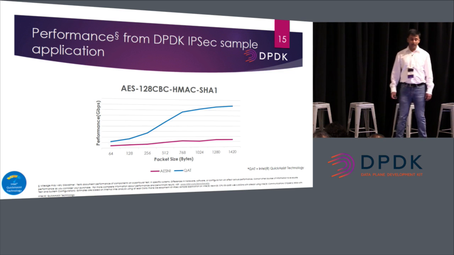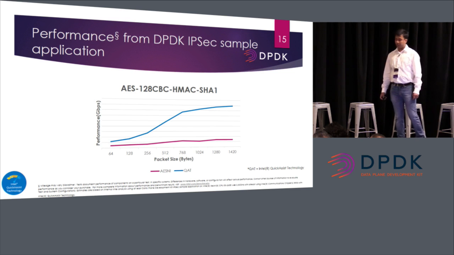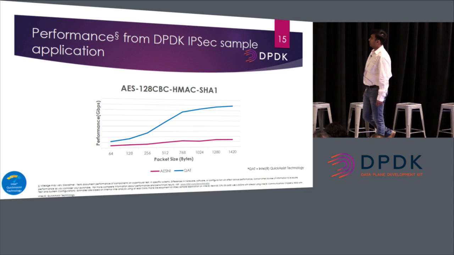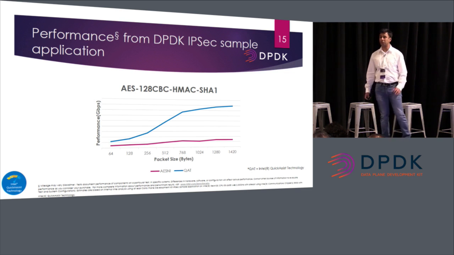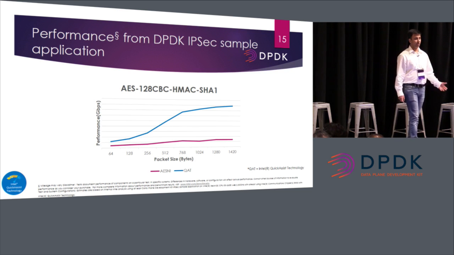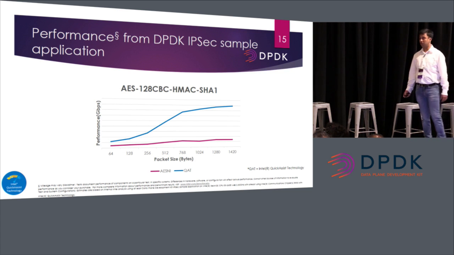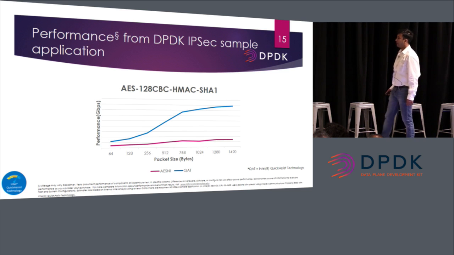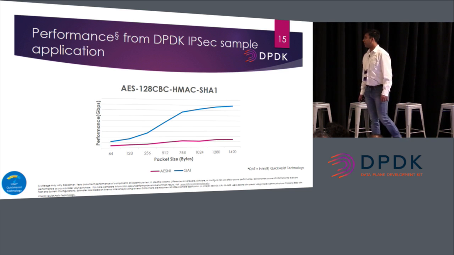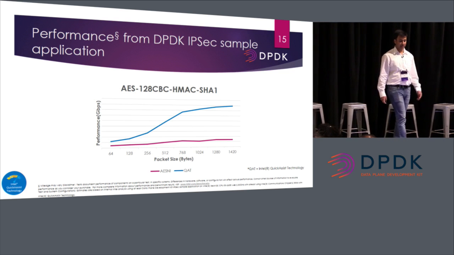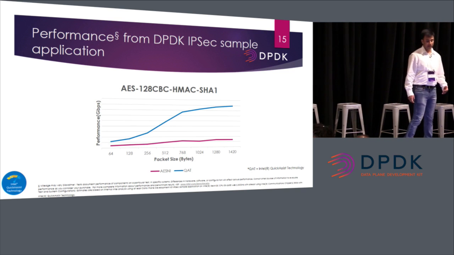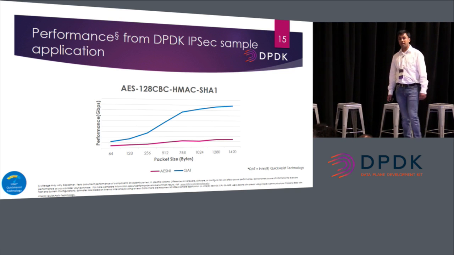It's particularly done for AES-128-CBC in SHA-1 mode, and this is just to showcase how it works with different packet sizes. With increasing packet size, of course, you can leverage the advantages which Quick Assist has to offer. For small packet sizes, you can have software PMD as well as Quick Assist PMD.